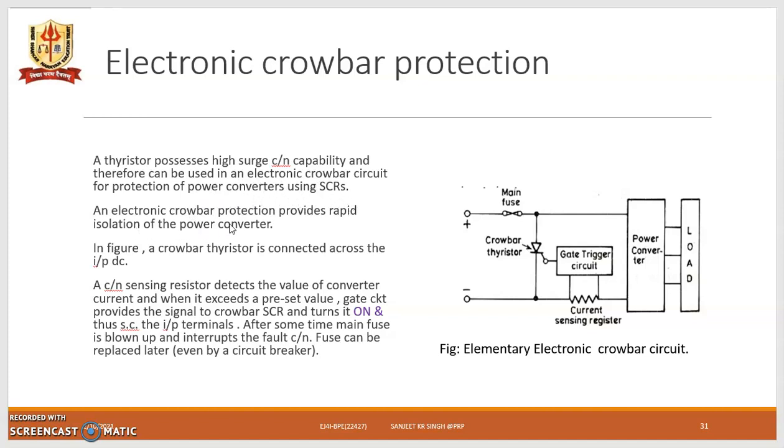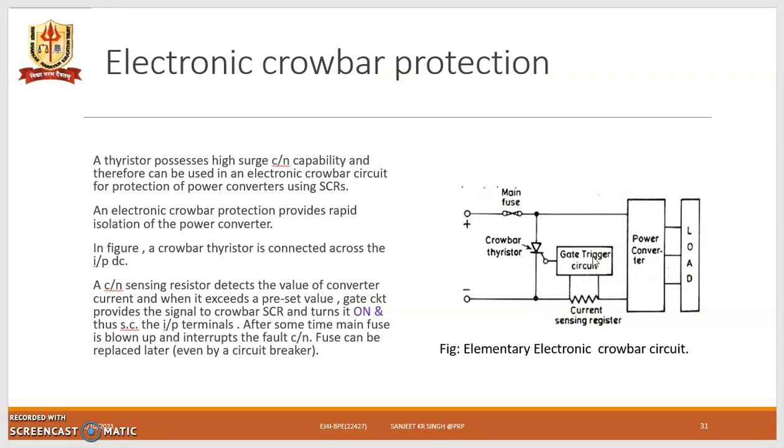An electronic crowbar protection provides rapid isolation of the power converter. So this power converter is rapidly protected by this crowbar thyristor. Here we can see this is connected across the input DC, with the main fuse and the crowbar thyristor.